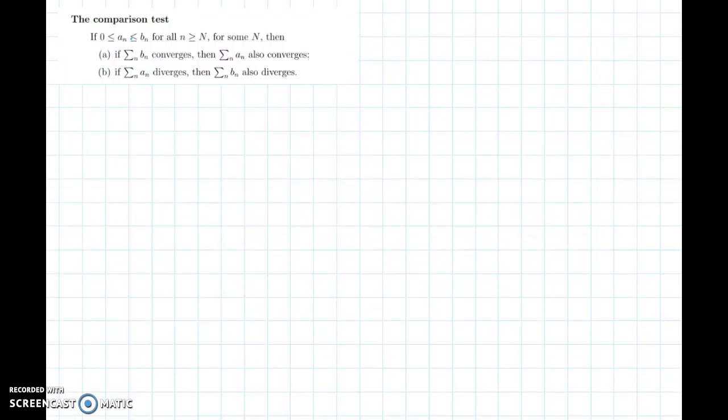Now, this test is relatively easy to apply, but we have to be careful that it cannot be applied in all kinds of situations. We have to be careful with which direction we have the inequalities pointing. Let me give you an example, not very mathematical, but it explains how this works.